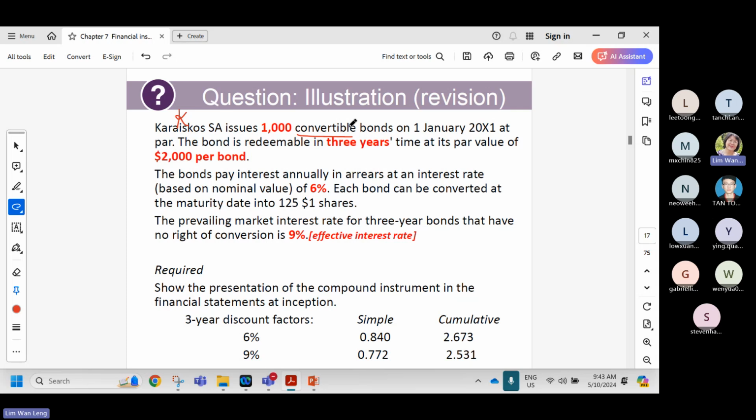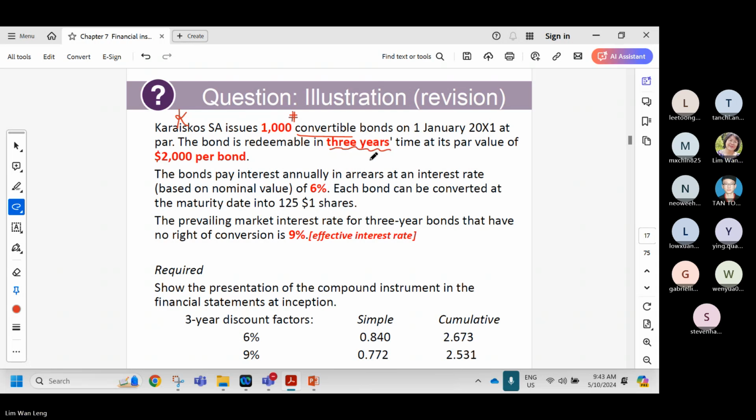Convertible. And this 1,000 means that you have 1,000, imagine, pieces of convertible bonds. This is the number of bonds. On first day of January, X1 at par. That means if it's $1, they are going to issue at $1 also. The bonds are redeemable in 3 years.